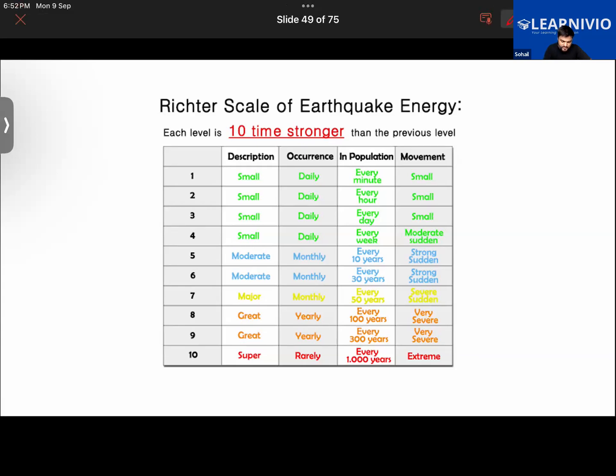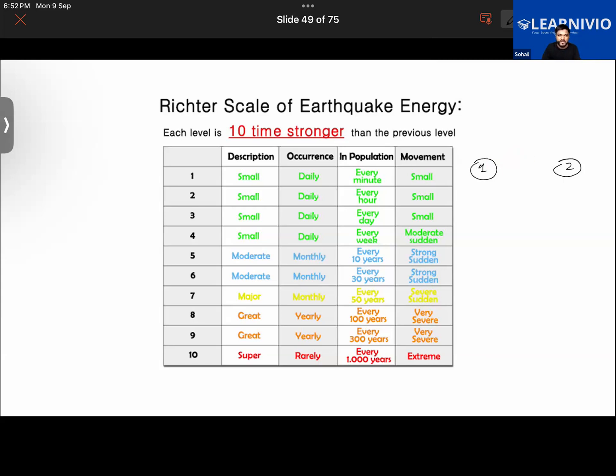Okay. 10 times stronger means, say there's an earthquake with magnitude 1 on the Richter scale and an earthquake with magnitude 2. Numerically, the difference is 1, so we might say it is 1 times stronger.